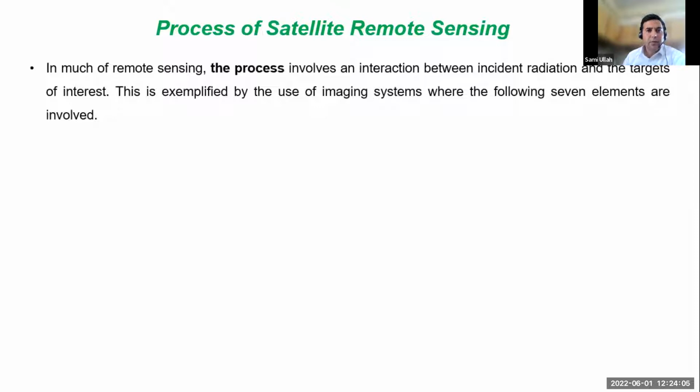In much of remote sensing, the process involves an interaction between the incident radiation, which is the radiation coming from the sun, and the target of interest. For example, the radiation coming from the sun has a specific target on the surface of the earth, for example, matter.